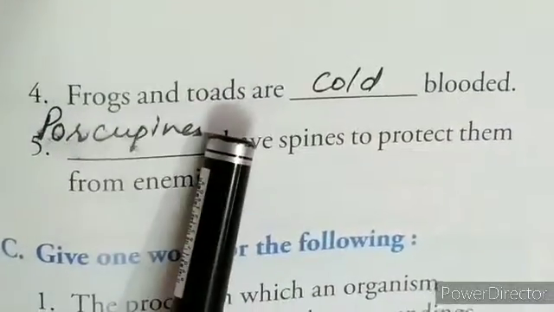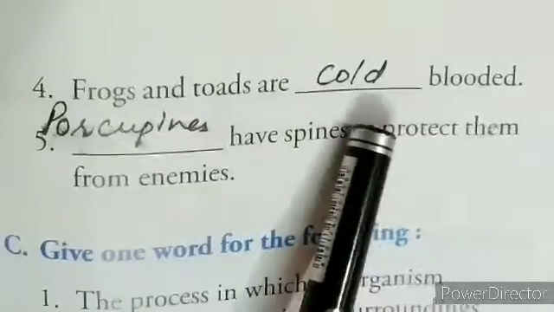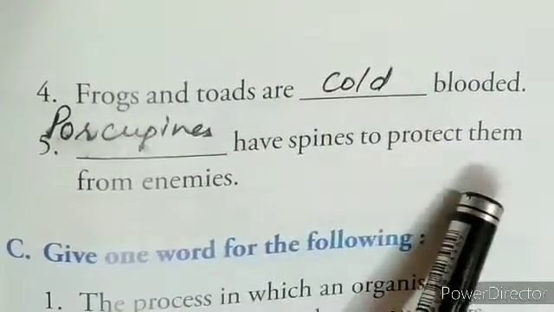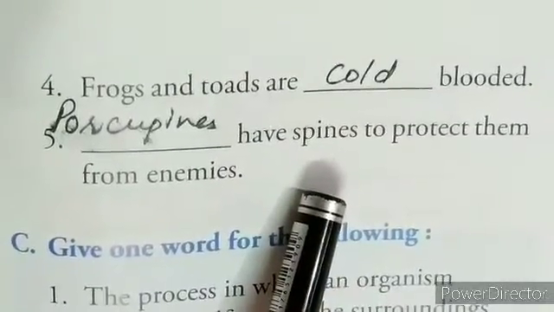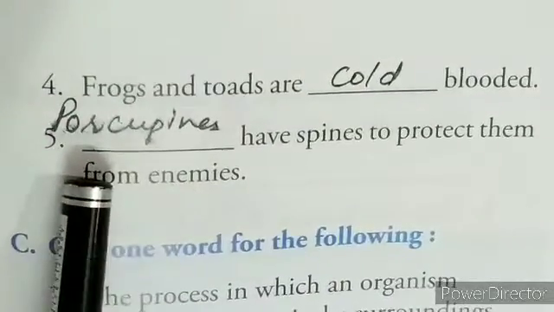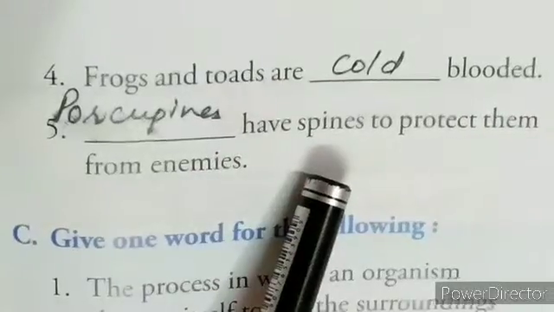That means they cannot bear very cold weather. So frogs and toads are cold blooded. Fifth, porcupines have spines to protect them from enemies. Which animal has spines? Porcupines.